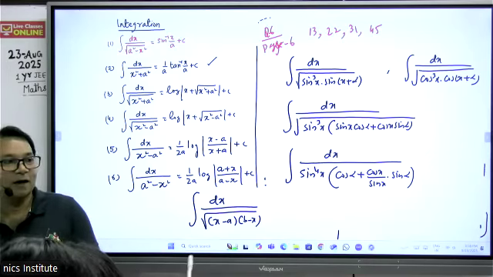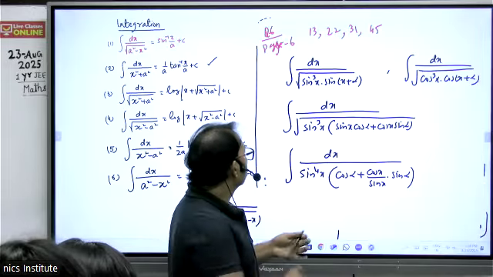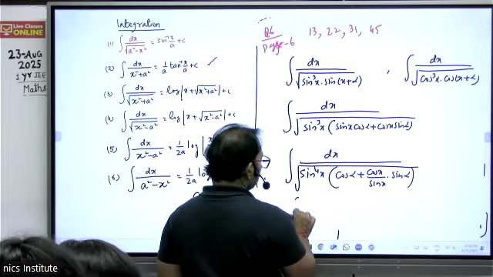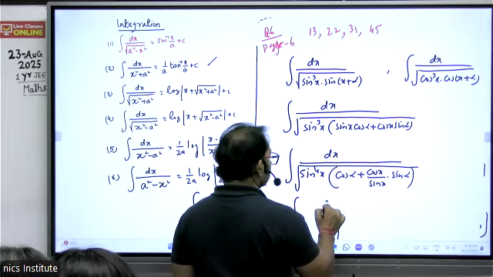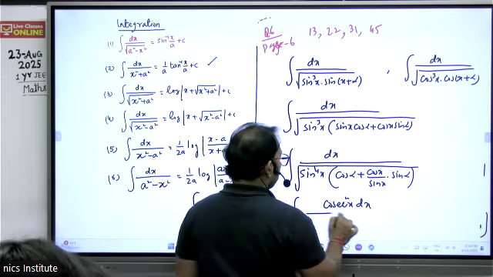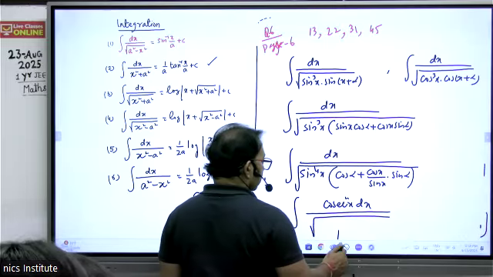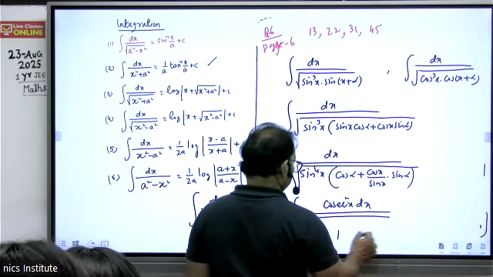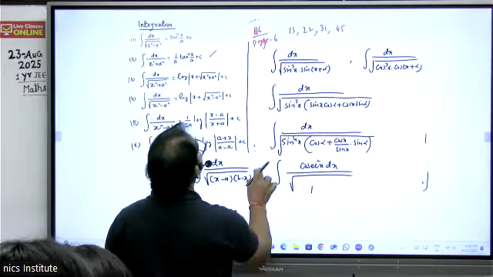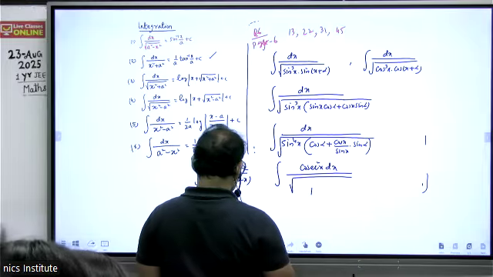Okay, sir. Yes, I've taken sin x common from the root. So now sin square x will be out from the root. 1 by sin square x is cosec square x dx. And in fact, this question is not of a standard integral. Here you have to basically make a substitution. What to substitute? Any idea?